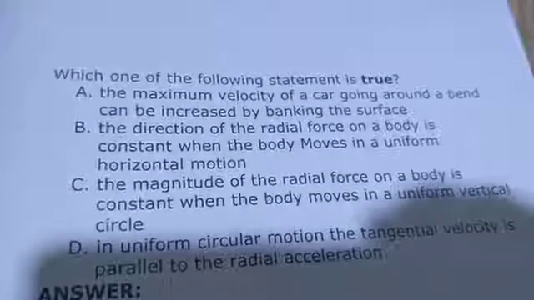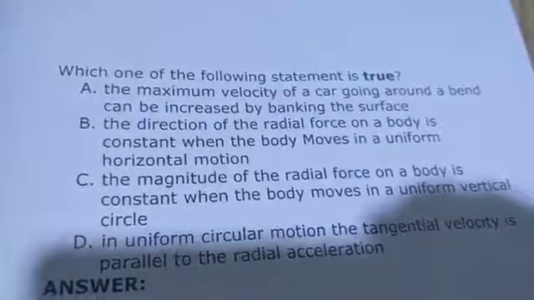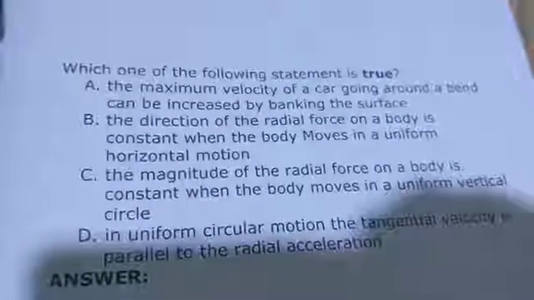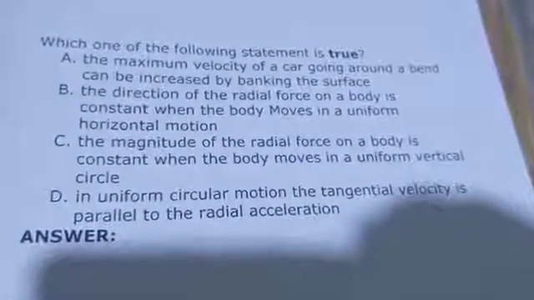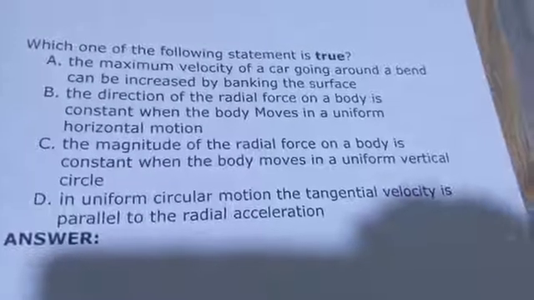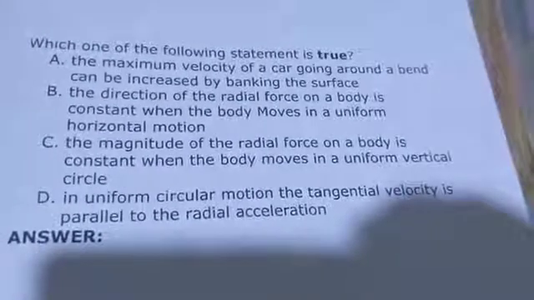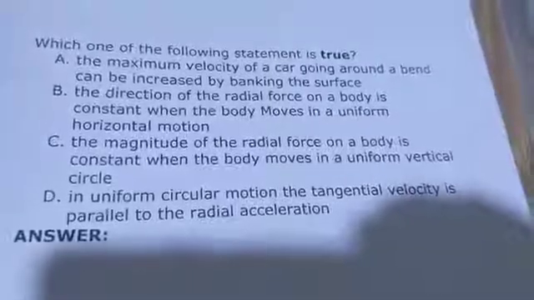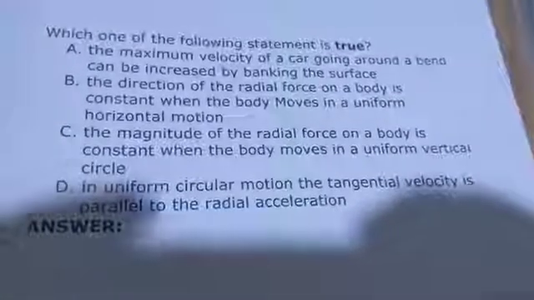B, the direction of the radial force on a body is constant when the body moves in a uniform horizontal circular motion. C, the magnitude of the radial force on a body is constant when the body moves in a uniform vertical circle. D, in a uniform circular motion, the tangential velocity is parallel to the radial acceleration.